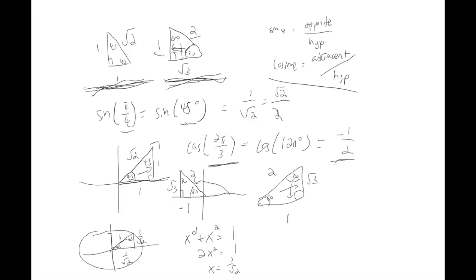But you see the ratio is still the same. If I go opposite over hypotenuse right here, it's still 1 over root 2. Same as here. So yes, you could normalize it to be in the unit circle. Even though the lengths might differ by a scalar, when you take the ratios, they remain the same. So it's fine. Are you clear on that?